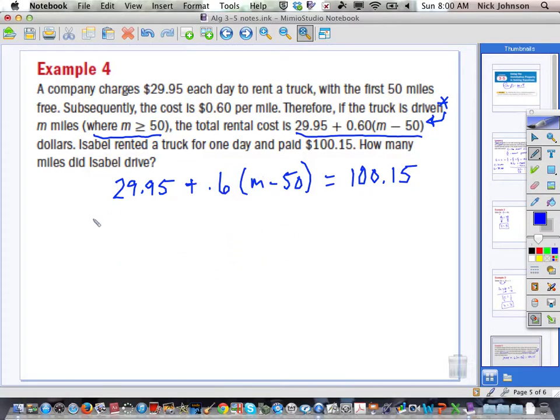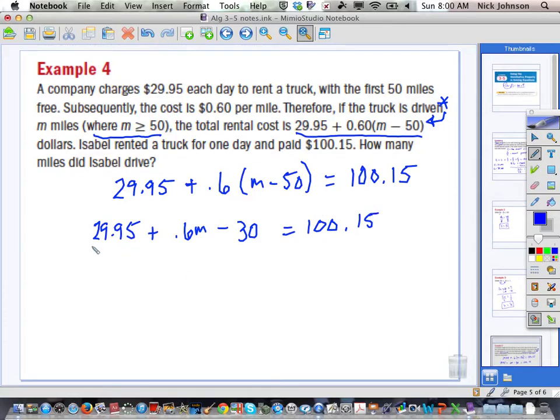So, got to get rid of my parentheses. So, $29.95. 0.6 times m is 0.6m. 0.6 times a negative 50. We know that that's going to be negative. 0.6 times 50 is 30. Is equal to 100.